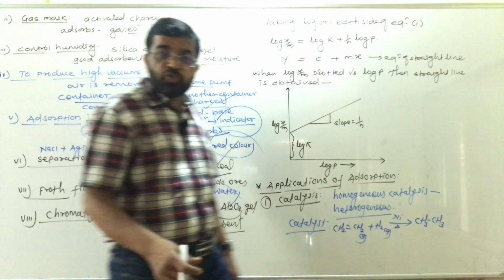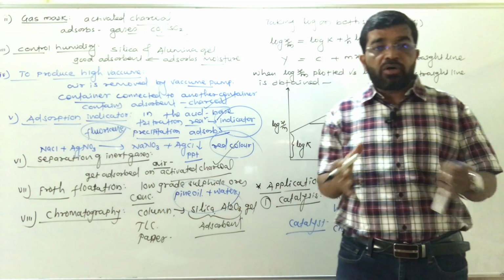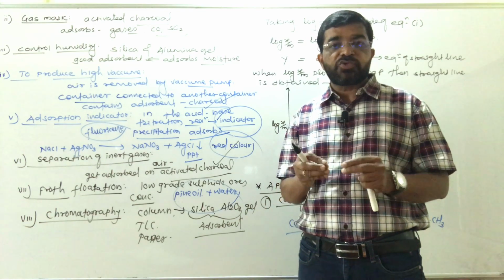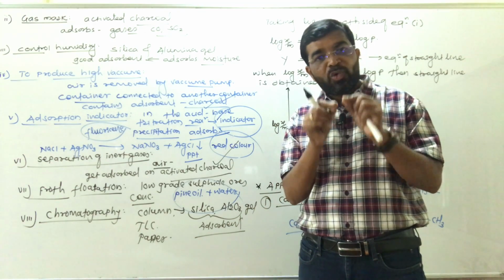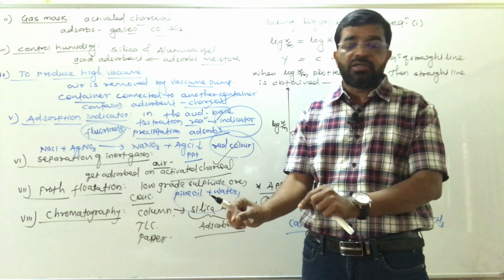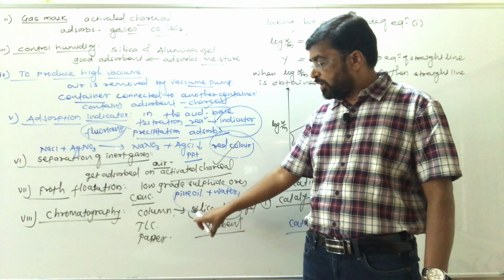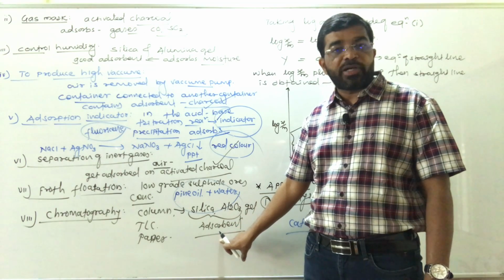Chromatographic technique is used for the separation of a mixture of substances. When the substances are present in very small amounts in the mixture, there is use of column chromatography or paper chromatography.